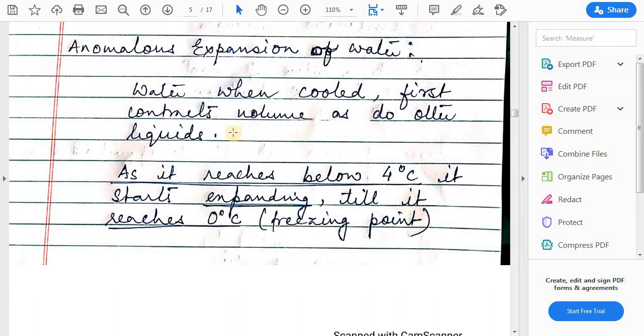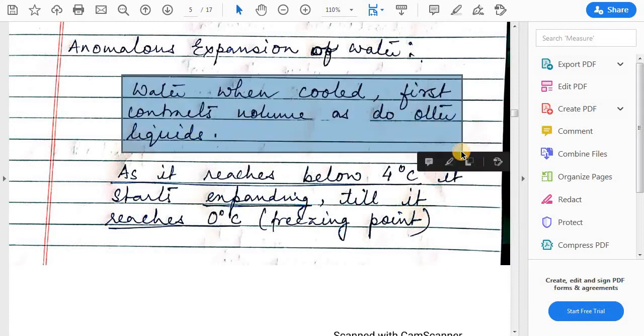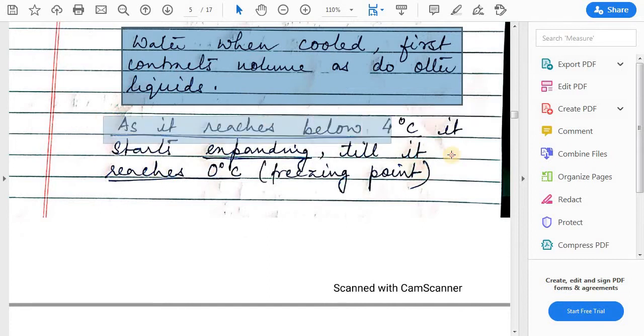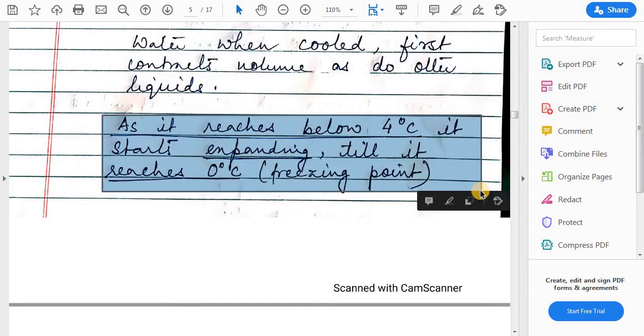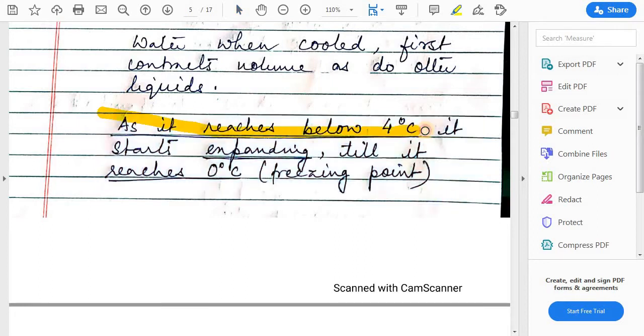Now come to the anomalous expansion of water. If water is cooled, it contracts first as do other liquids. Now as it reaches below 4 degrees Celsius, it starts expanding till it reaches 0 degrees Celsius, that is its freezing point.